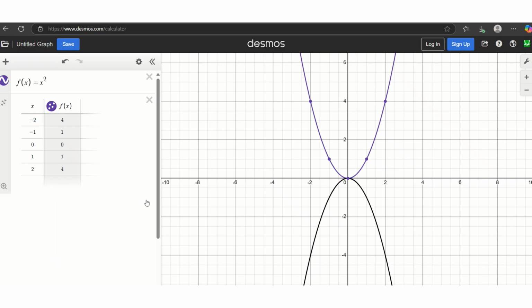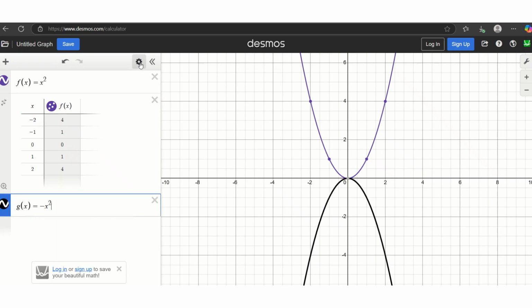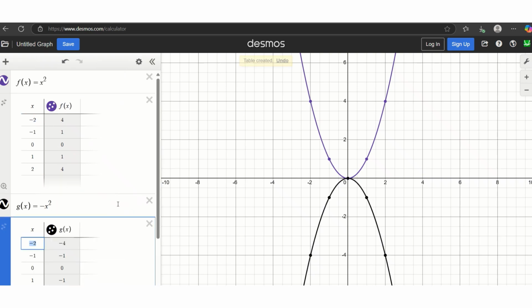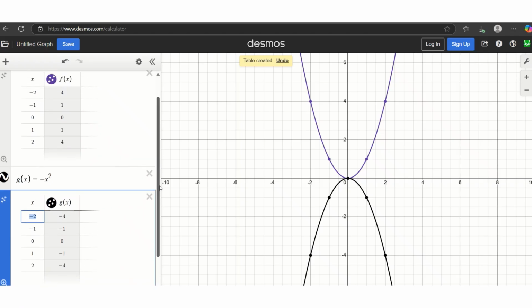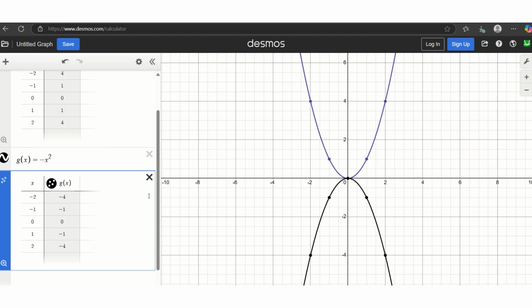It flipped all the x's over. And so +4 now is a -4. +1 is a -1. 0 is still a 0. And you can actually see the points over there. And so that's called a reflection. So it reflected it over the x-axis.